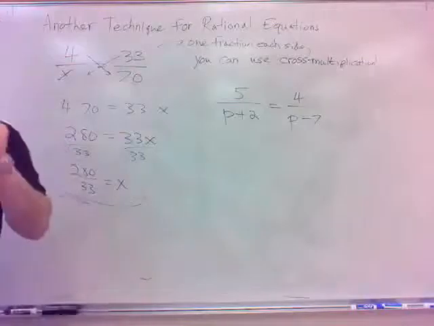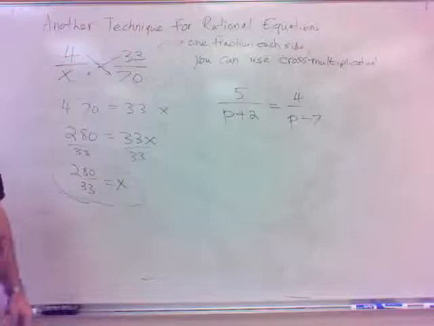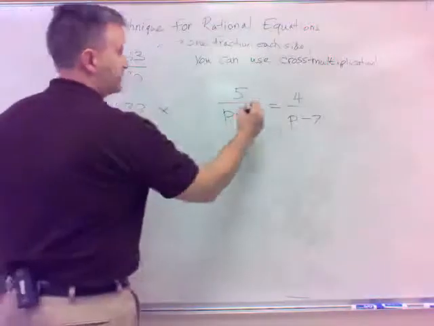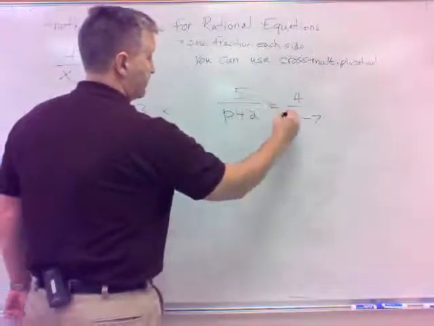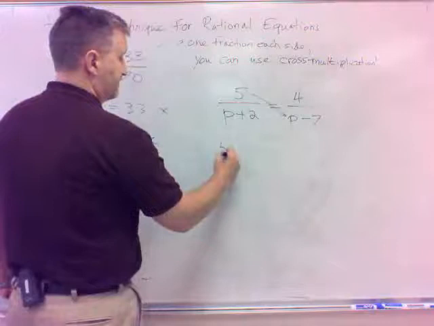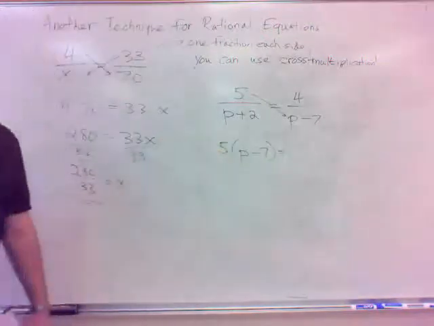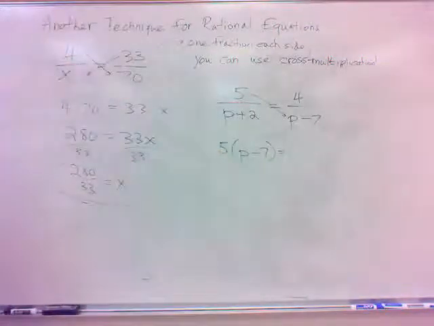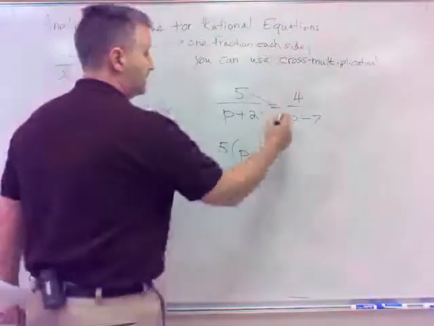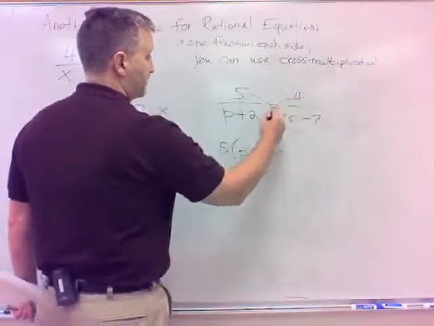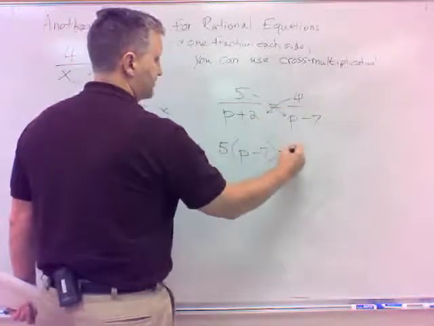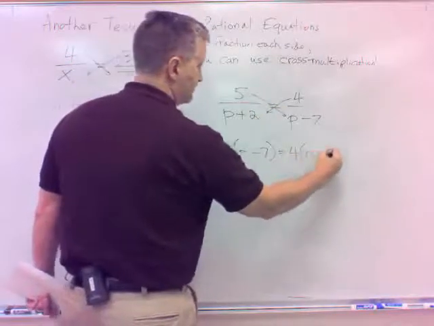Anytime you have that, you can use this cross multiplying. I'll take the top times the bottom over there, so that'd be 5 times p minus 7. Notice I'm putting those in parentheses because it's going to have to be distributed in the end. Then do the same thing over here: take the top times the bottom, so that'd be 4 times p plus 2.